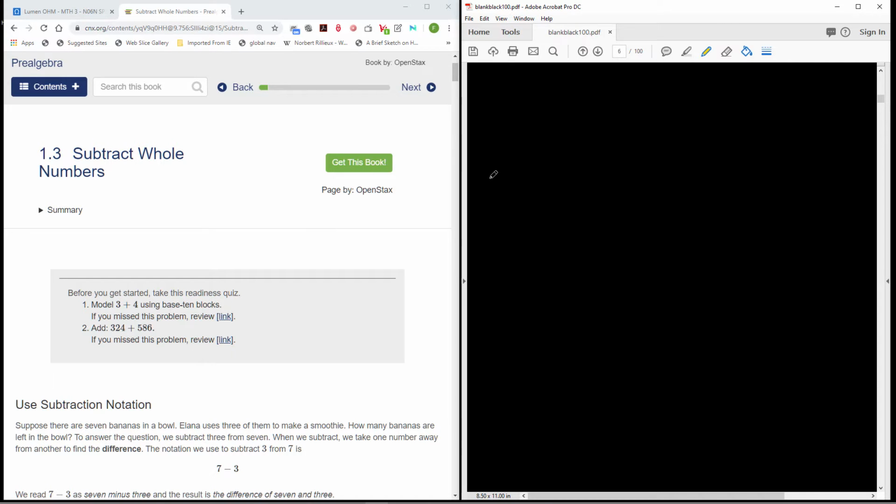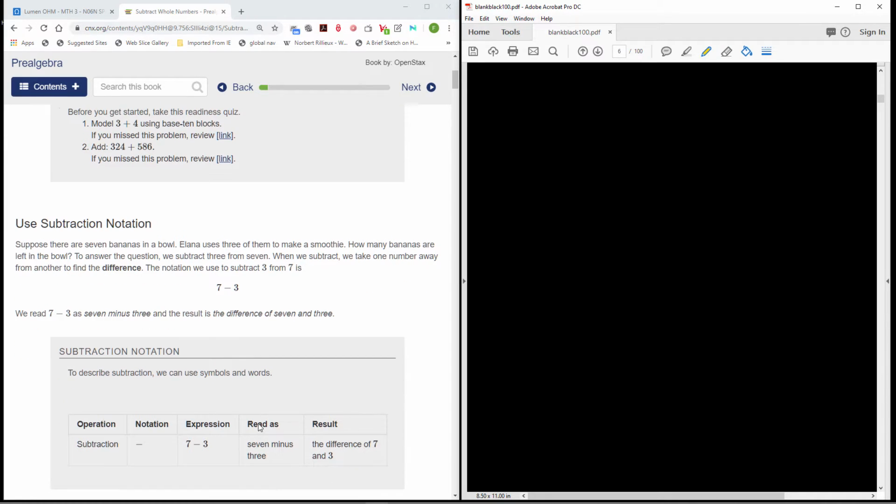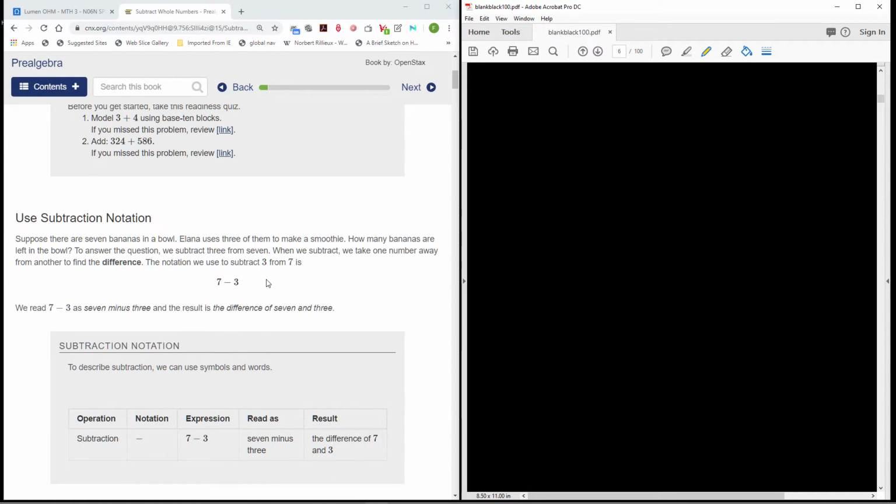Okay. Subtraction notation. Now we look at subtracting two numbers. Subtraction can be thought of as the undoing of numbers, the difference between 7 and 3.